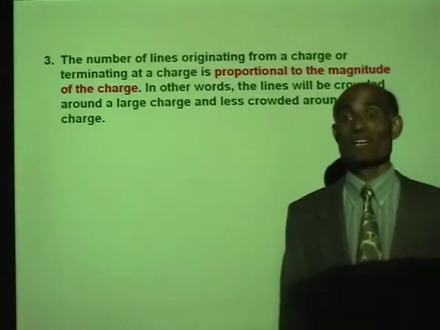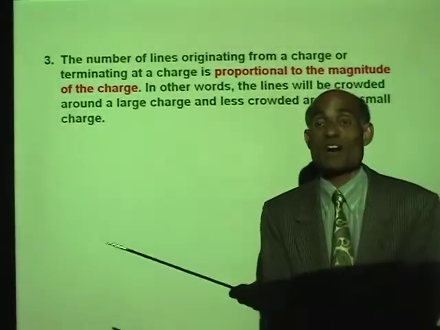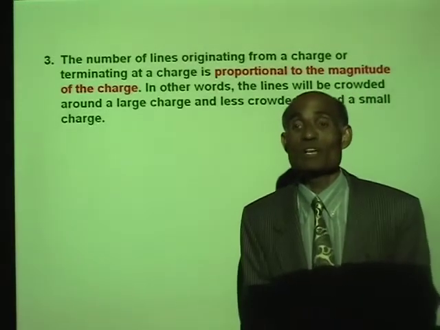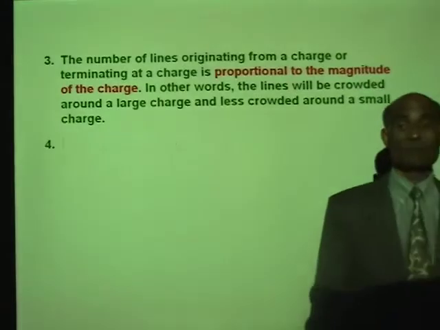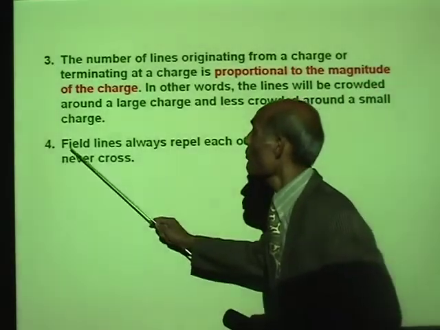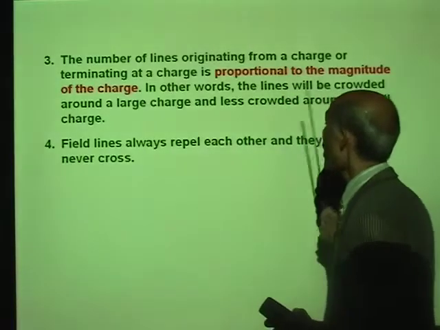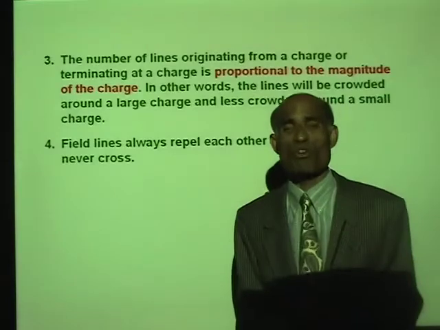In other words, the lines will be crowded around a large charge and less crowded around a small charge. Well, I will illustrate that in a minute. Property number 4, field lines always repel each other and they never cross.